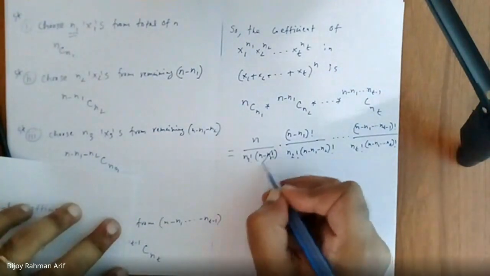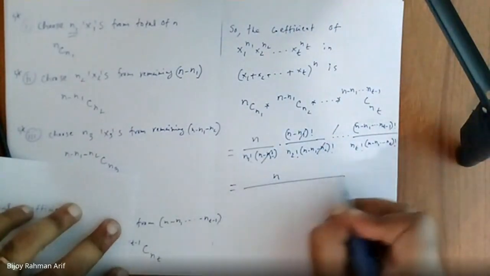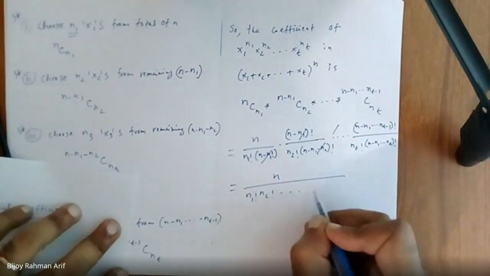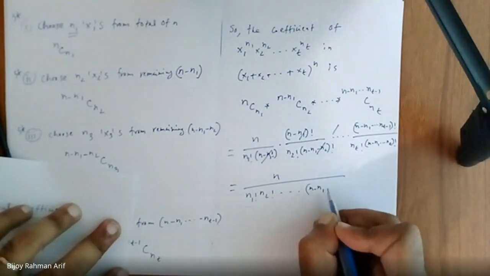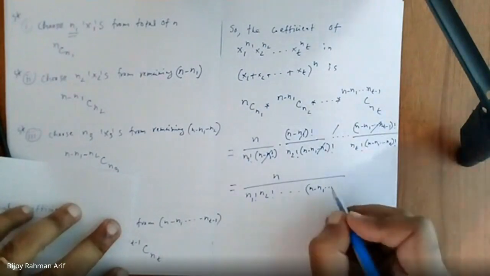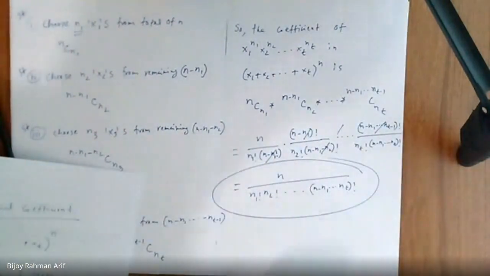So this one crosses out, this one crosses out. The final answer is N factorial divided by N1 factorial, N2 factorial, dot dot dot, NT factorial. This is the answer. Did you get the point?